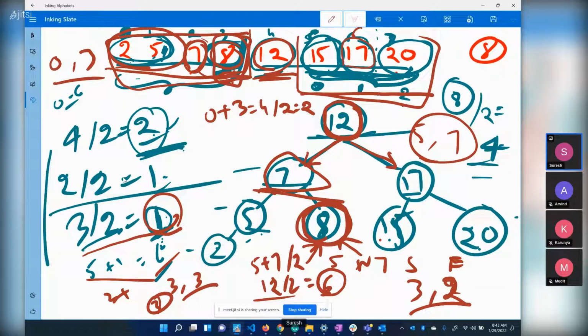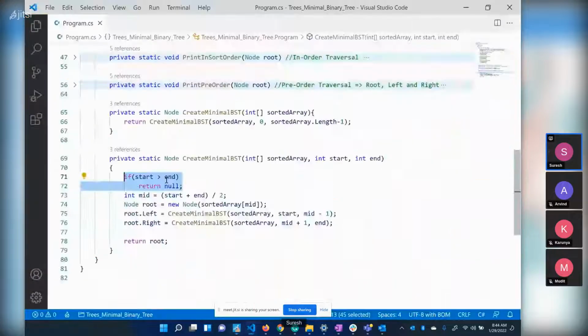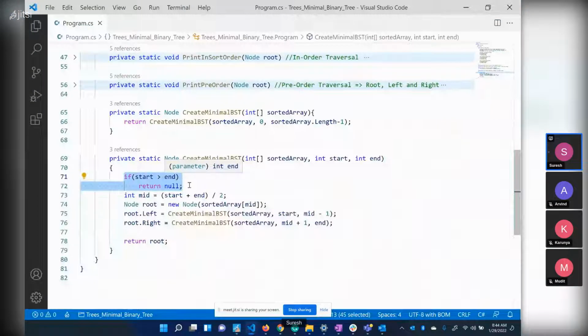That is the situation where start becomes greater than end. Then you get the null value, and null will be assigned to left of that element, and null will be assigned to the right of that element, and finally that element will be returned. Finally 8 will be returned, and that will become the right of 7. It will go all the way to the top.